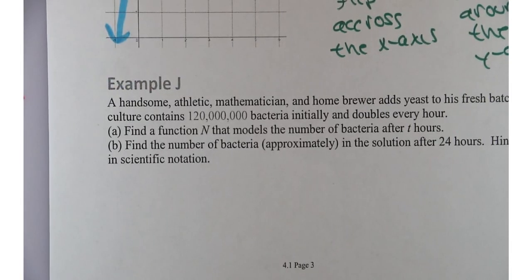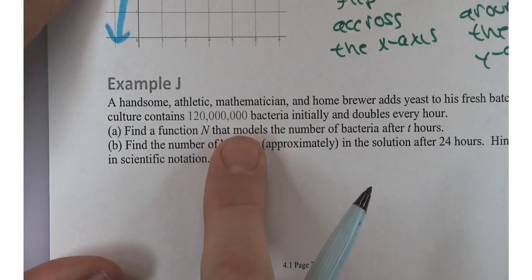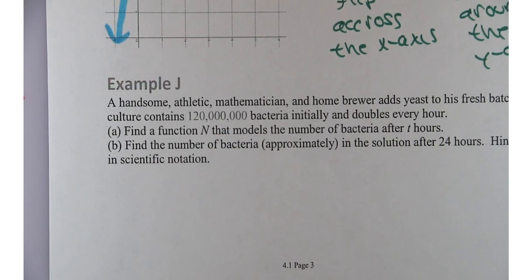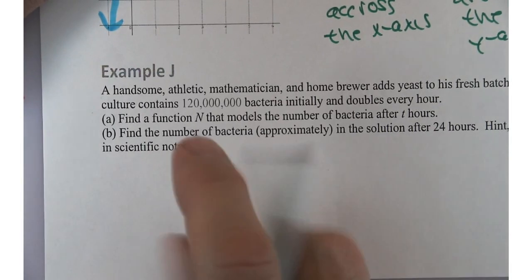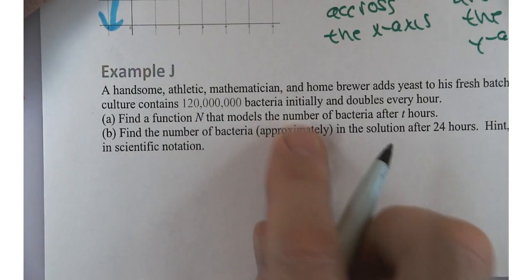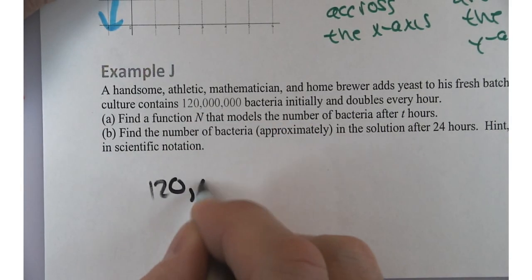Last but not least, let's try and build another mathematical model for some exponential growth. This would be for the number of yeast cells in a freshly brewed batch of beer. So when you brew, you have to cool down your wort and then pitch your yeast cells. Initially, one of the vials that a friend of mine has told me about has 120 million bacteria to begin with.